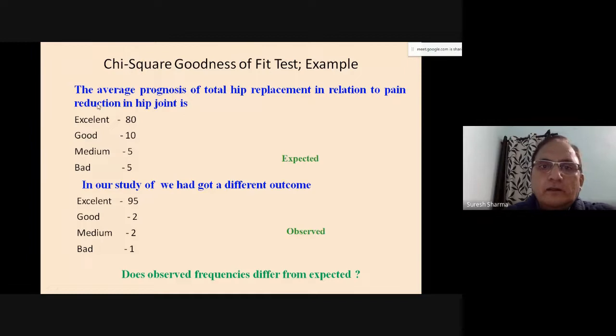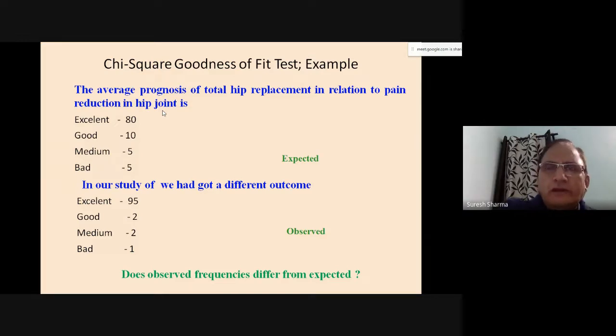It says whenever there is a hip replacement, 80% of the people are having an excellent result, 10% are saying they are having good, they are okay, 5% medium and 5% bad. This is based on, let's say, 30,000 patients, this is the result which is being expected.